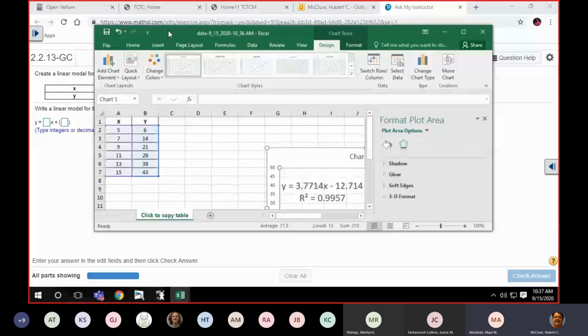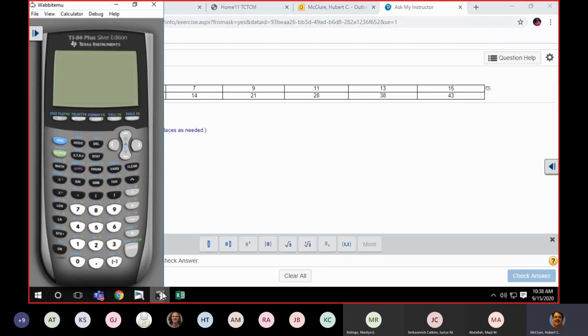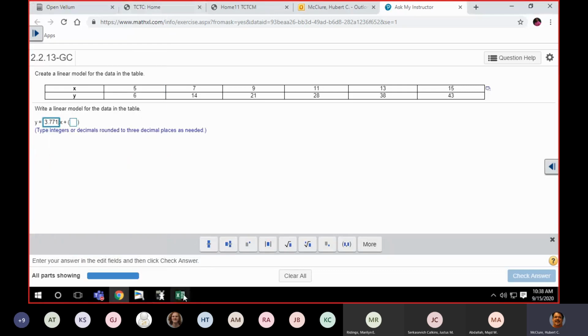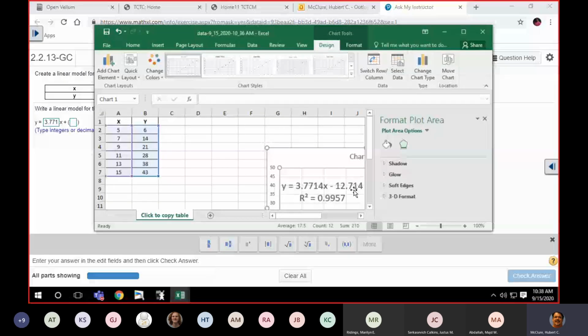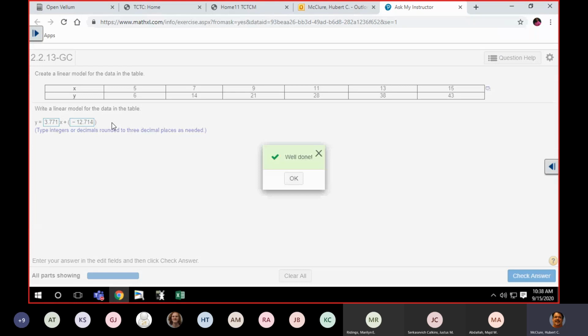Let's see. 3.771 plus, oh man, I can't remember what I used. There we go. Negative 12.714. And you feel good about yourself.